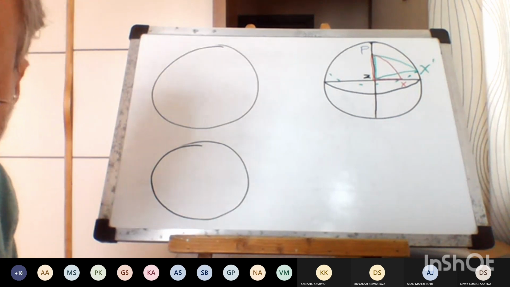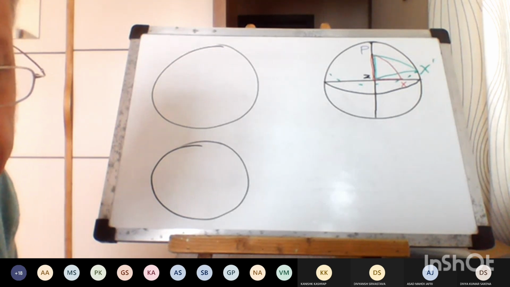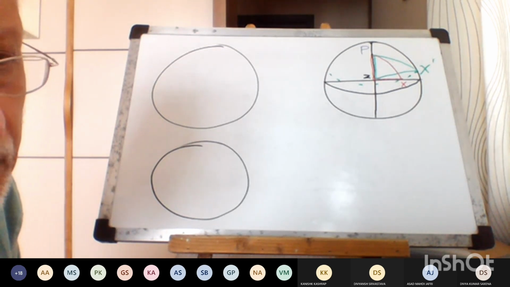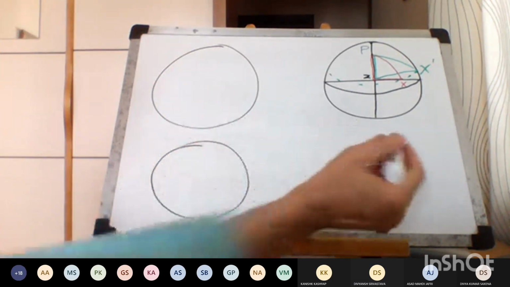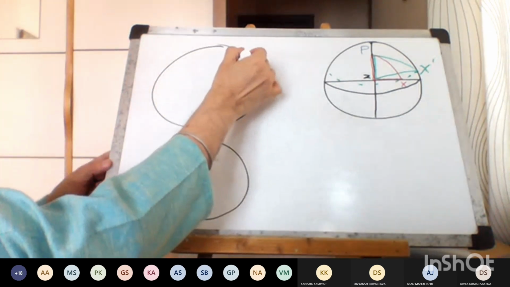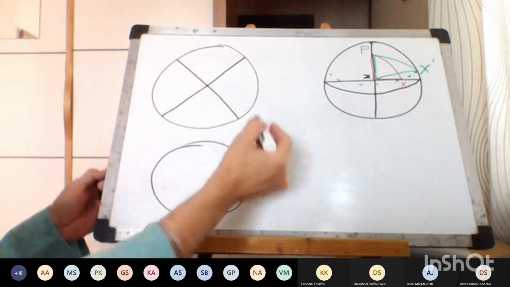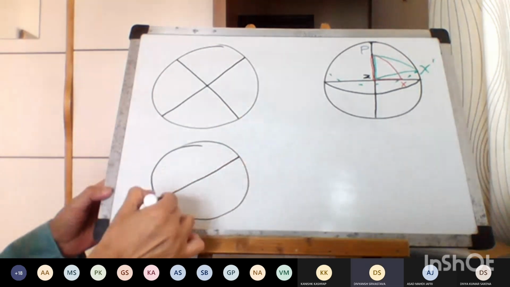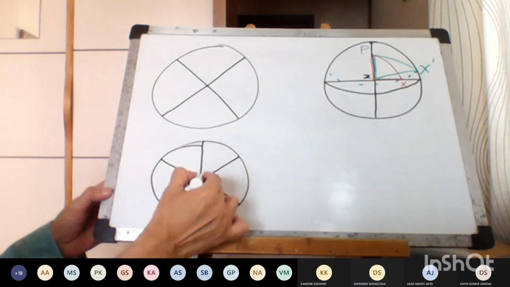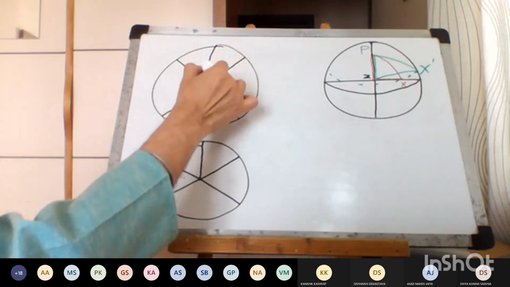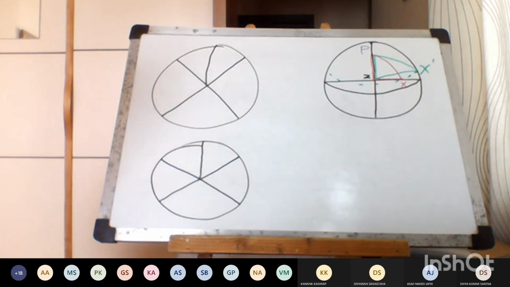Now if one is 90, how many are left? 5. So we will draw 5 sections. How many sections are these? 4, sir. We draw one line like this and make it 5. Correct? Yes, sir.